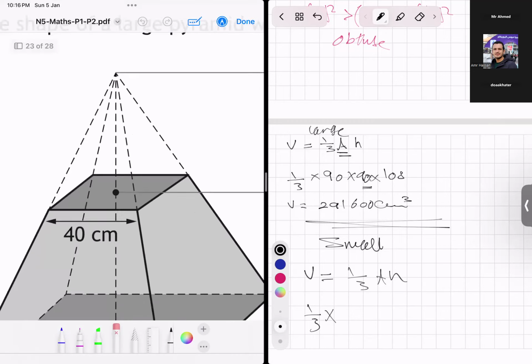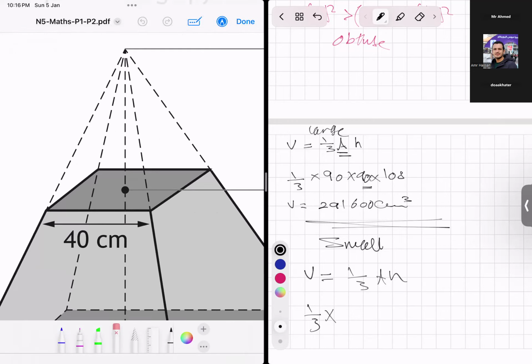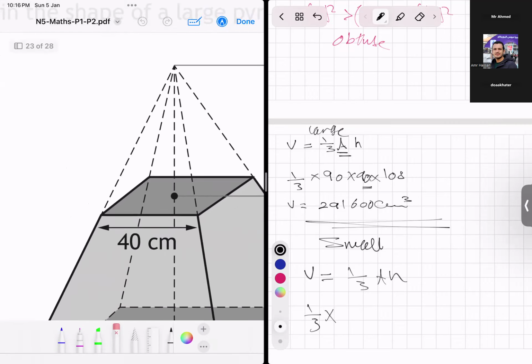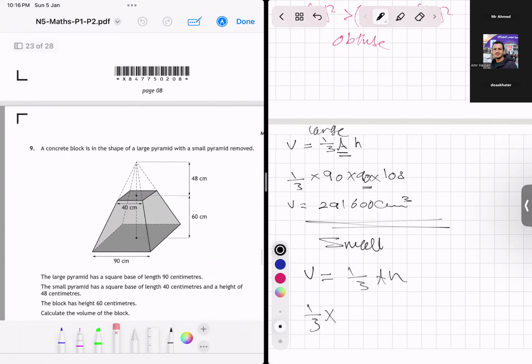Look at this one. What is the side length of the square? With the small one, it's not 90 anymore, right? Yeah. It's supposed to be 40. Look at this one. So what do you think? 40. Yeah, okay.